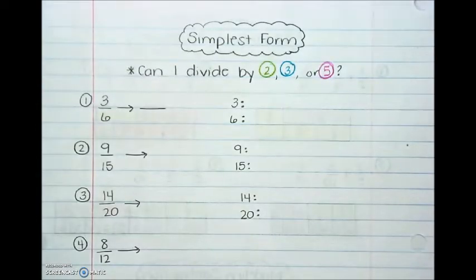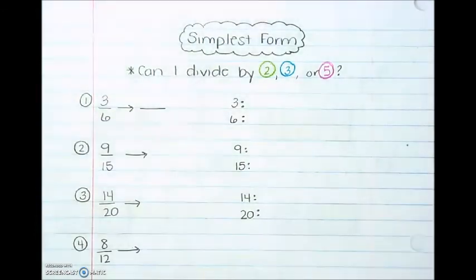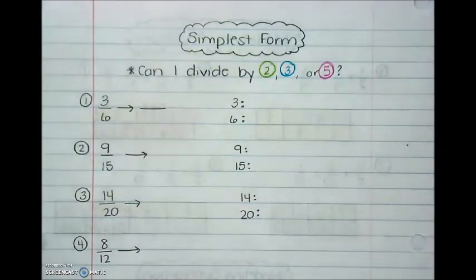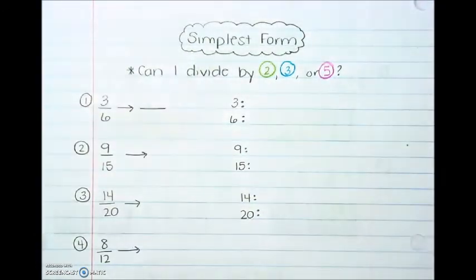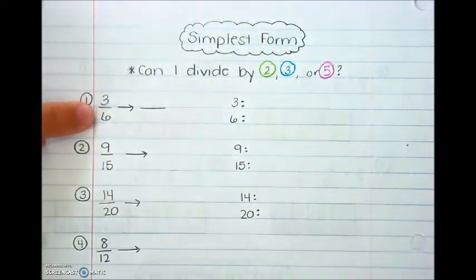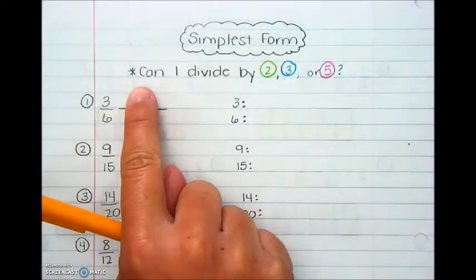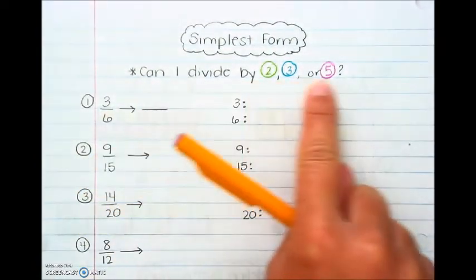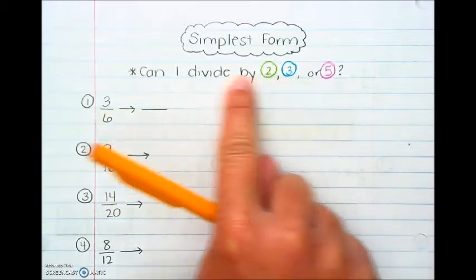Okay, so you'll hear me say it over and over, but remember, simplest form is just another way of finding an equivalent fraction. Instead of multiplying, though, we're dividing the numerator and the denominator by the same number. And I always suggest using these 3 numbers first.